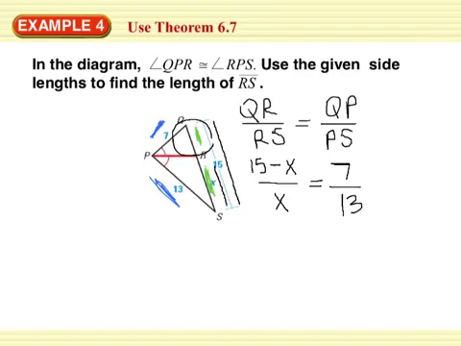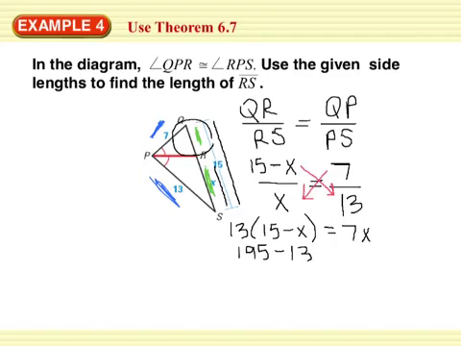Now we're going to do our cross product. Multiply down. 13 times 15 minus X equals 7X. Distribute. 195 minus 13X equals 7X.